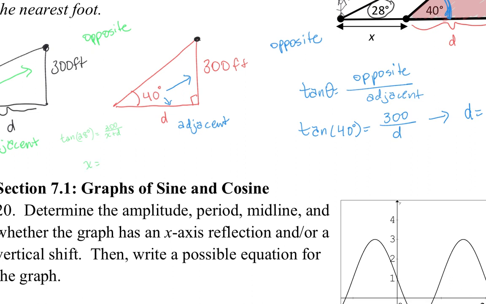So our X is equal to 300 over tan 28 minus our distance D that we came up with earlier. Plugging into the calculator, X is equal to 206.6918 feet, and we want to round to the nearest foot. So X is actually 207 feet.